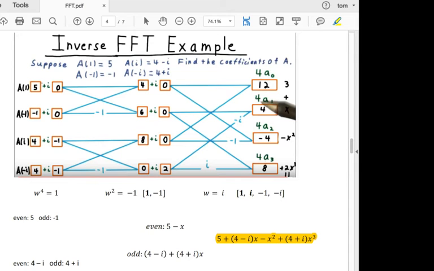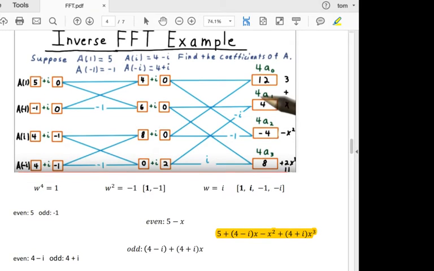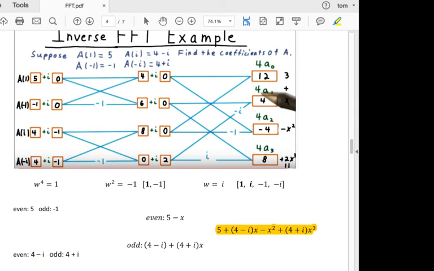So here is 5 plus 4 minus 1x minus x squared. Just like the previous example, I split it into even and odd. The even is 5 minus x, and the odd part. So we do the same thing.